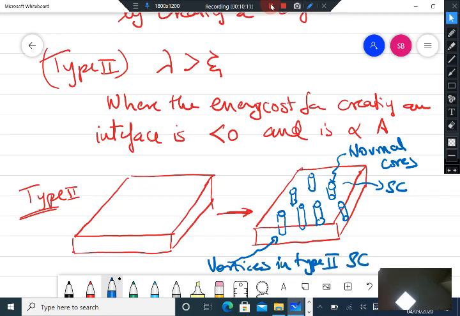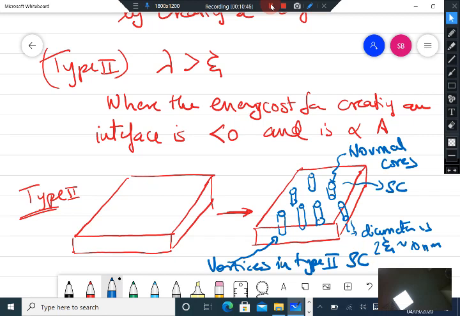There are very interesting structures which are generated inside the superconductor, and they basically correspond to increasing this surface area between normal and superconducting regions. And these are really microscopic, because the diameter of these vortices is of the order of the coherence length, and it is actually twice the coherence length, so they are in the range of a few tens of nanometers.